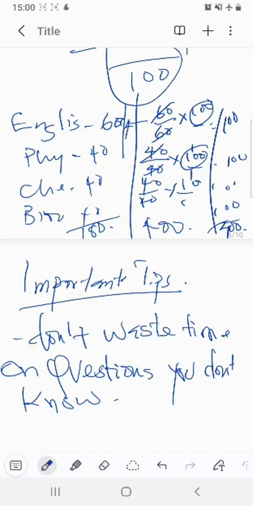Hardly do you have people that will score 40 over 60. But if you are determined, you can get 40.